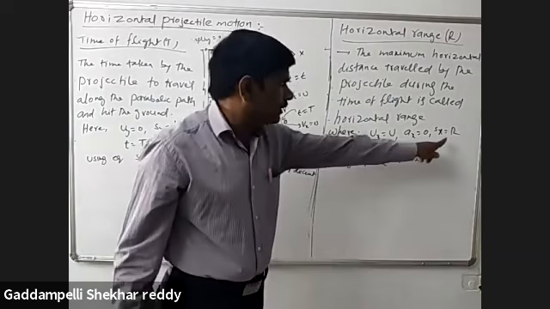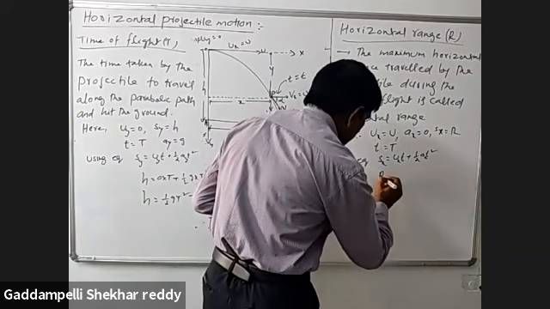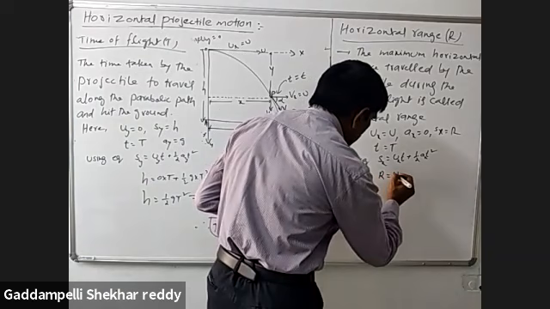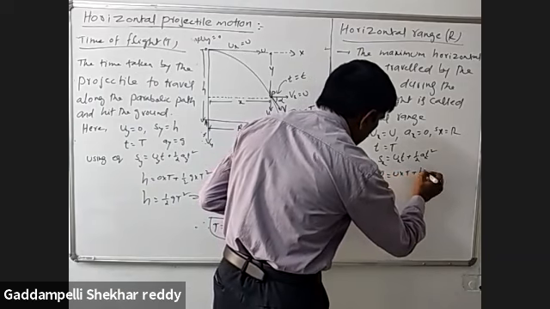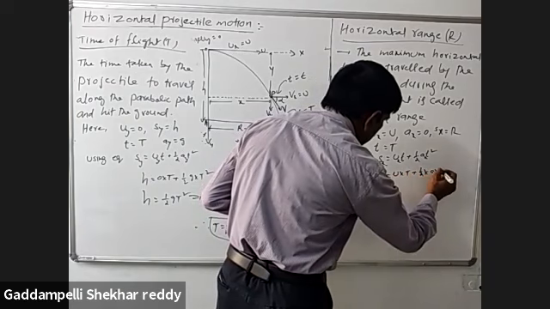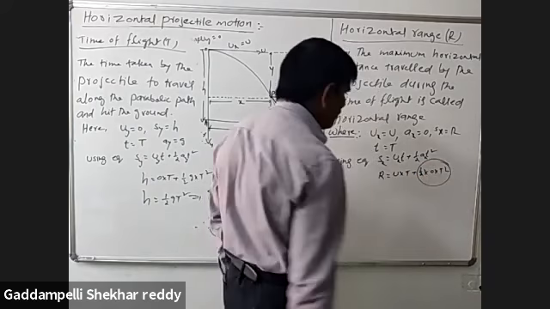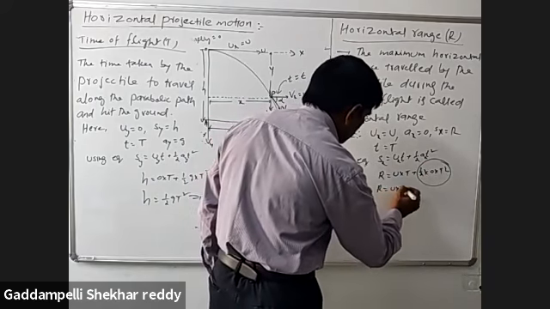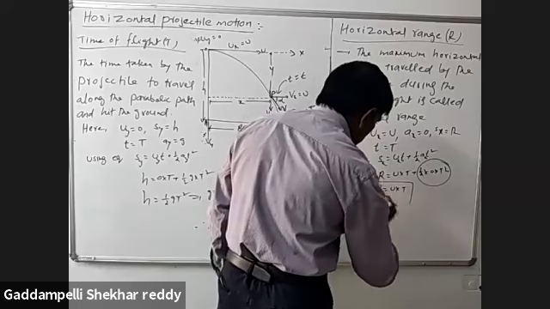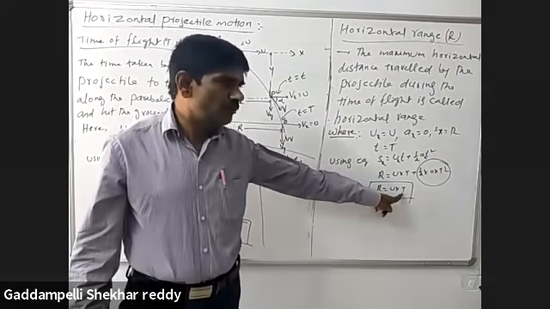What is sx? Sx is the range, ux is u, with time t, plus half a t square, so this term becomes 0. So range is equal to u into T, that means horizontal velocity into time of flight.